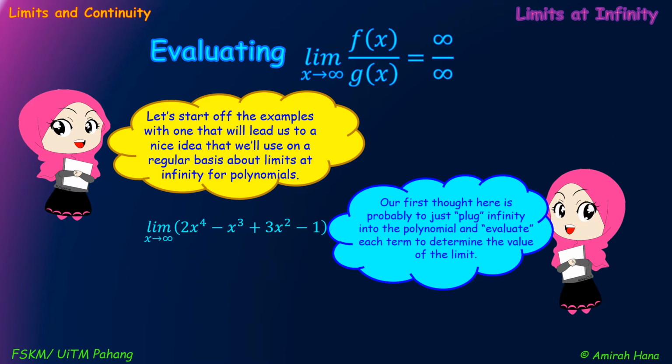If we just plug infinity into the polynomial and evaluate each term, we will get this. 2x to the power of 4 equals infinity, minus x cubed equals infinity, and then plus 3x squared equals infinity, and then minus 1, right? Then we will get infinity minus infinity equals 0, and then plus infinity minus 1, and infinity minus 1 equals infinity.